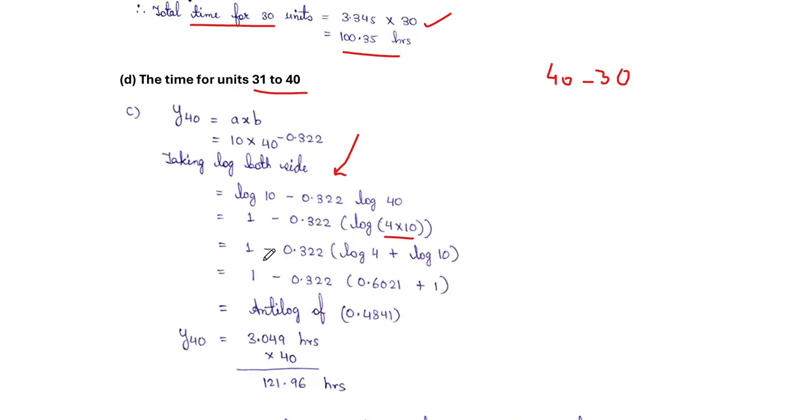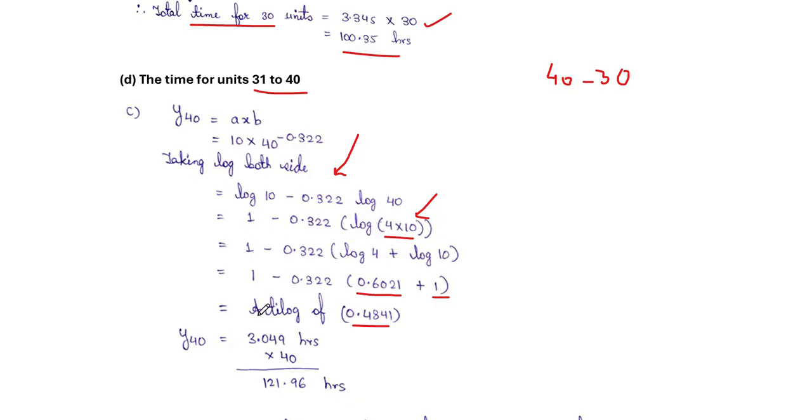Further, 1 minus 0.322. We will change the multiplication into addition: log 4 plus log 10. 1 minus 0.322. The value of log 4 is 0.6021, it is already given in the question. The value of log 10 is 1. If we solve further, we will find 0.4841.